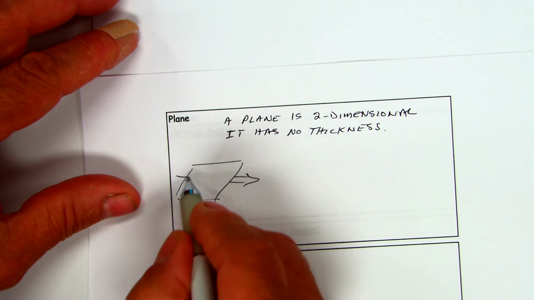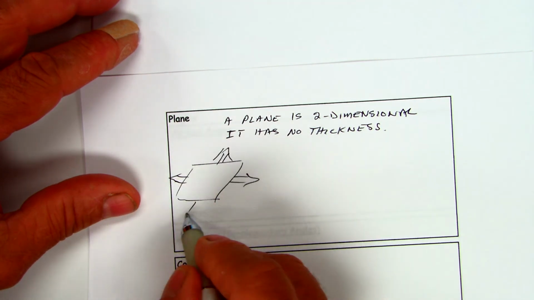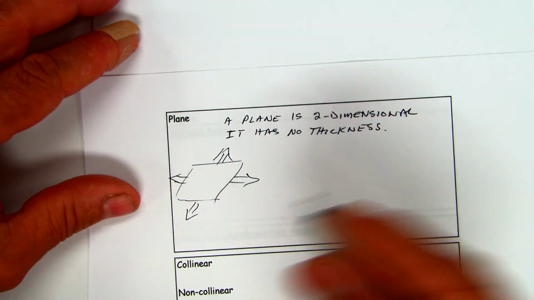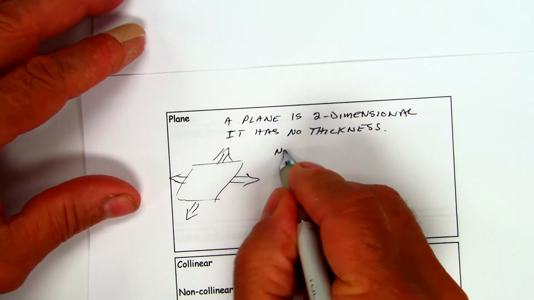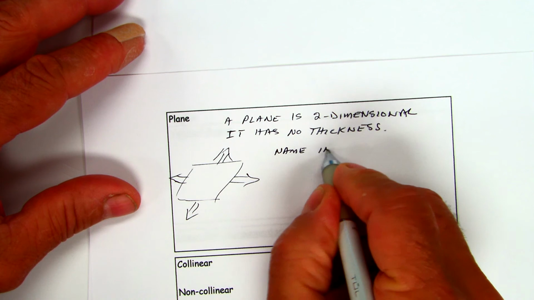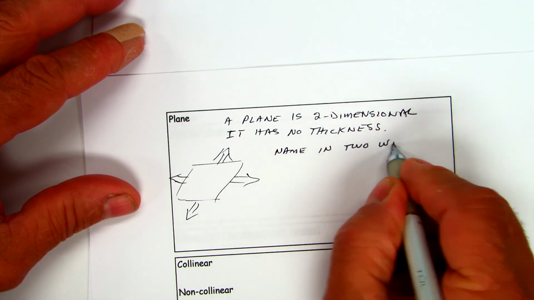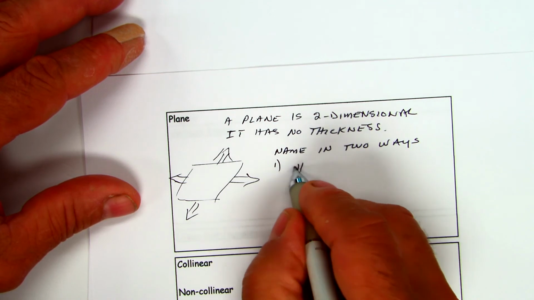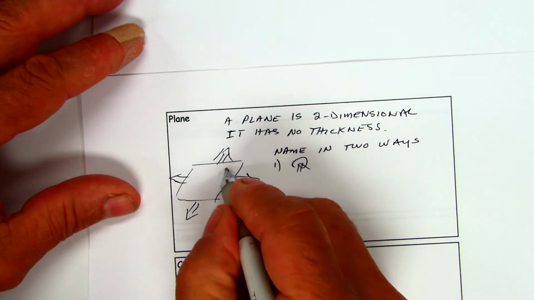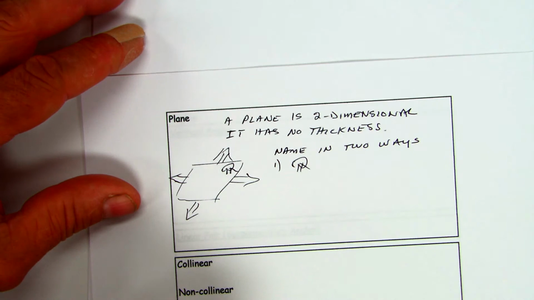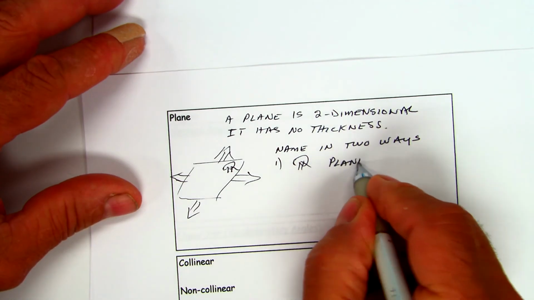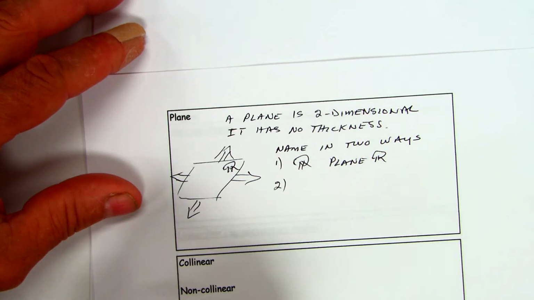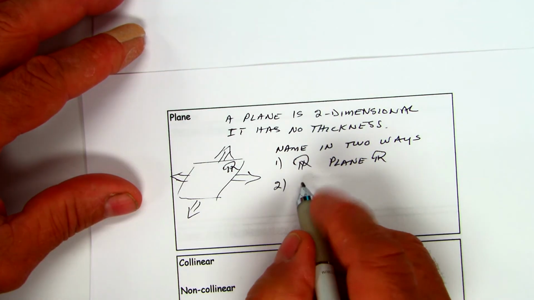It goes on forever in those directions, like this. Now, we can name a plane in two ways. The first way is with a capital cursive letter in one corner. That'd be plane R. Capital cursive letter.